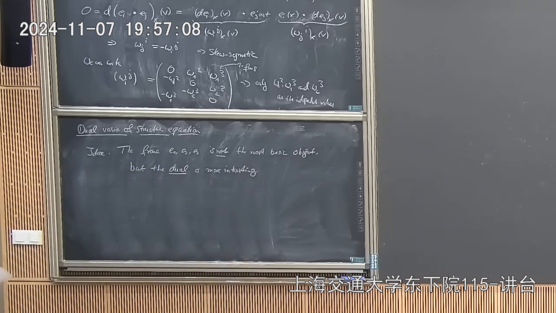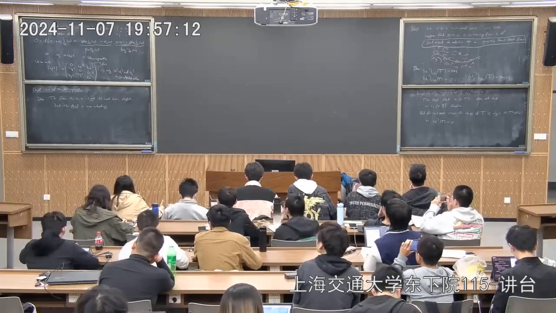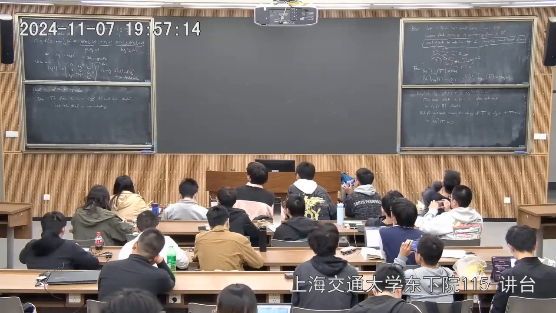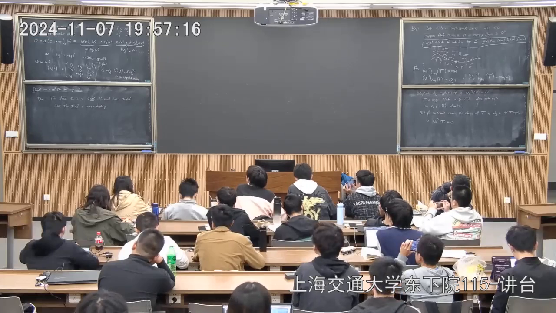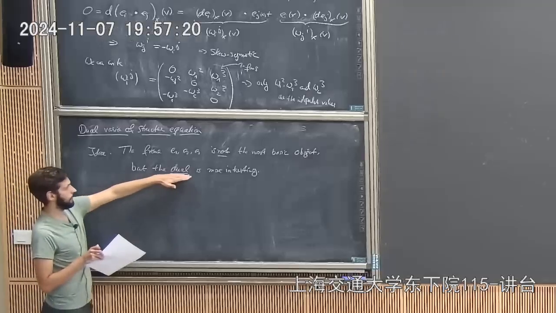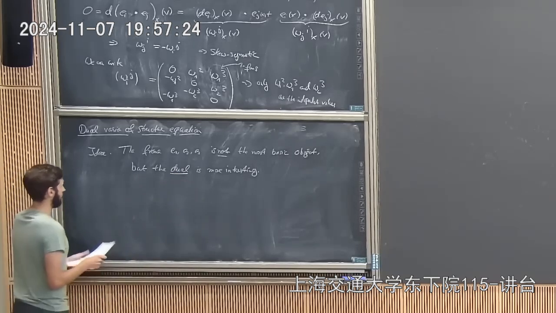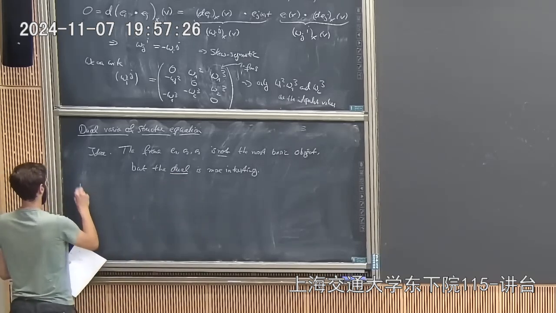So instead of the frame in itself, it's nice to look at the opposite direction and look at the dual basis. That's essentially the same kind of information, but the dual happens to be nicer to work with. So let's define the dual frame.